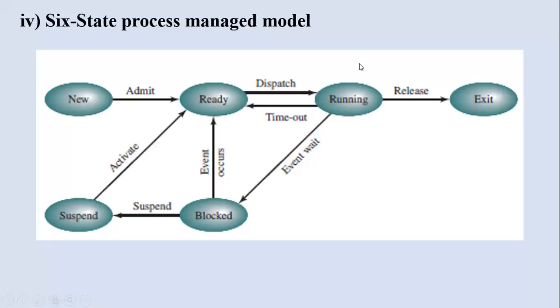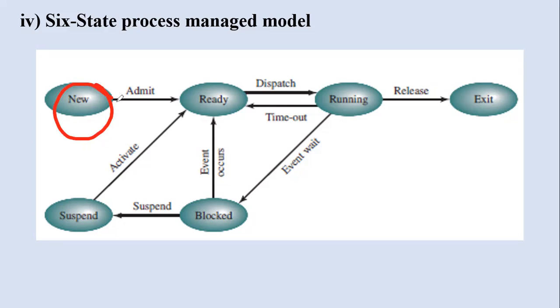The next model is what we call the 6-state process management model. The only addition that has been added into this model is the suspend state. And the same applies. In the new state, a program is converted to become a process.